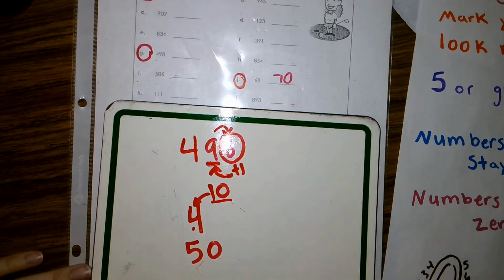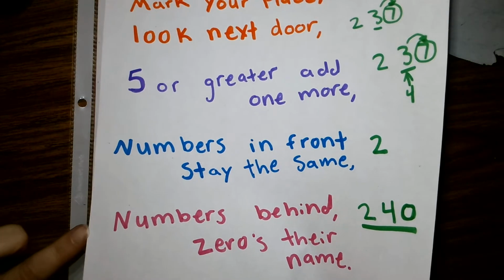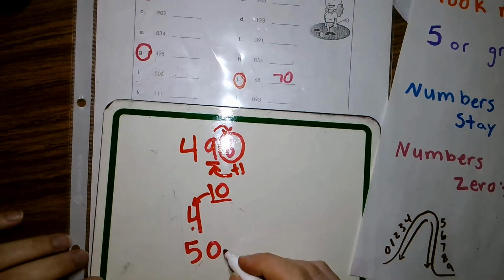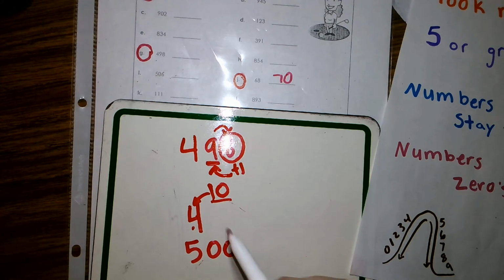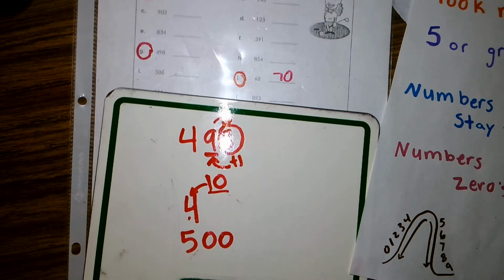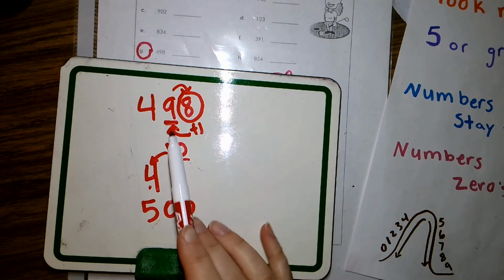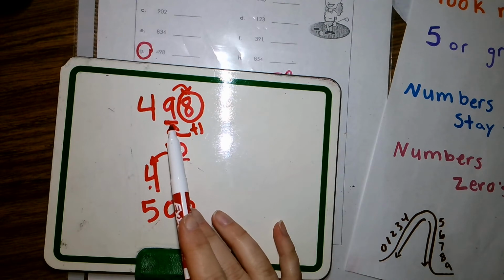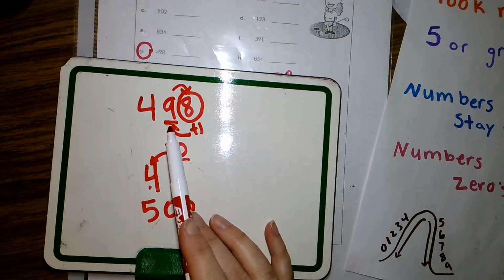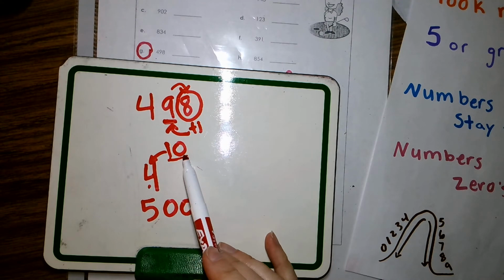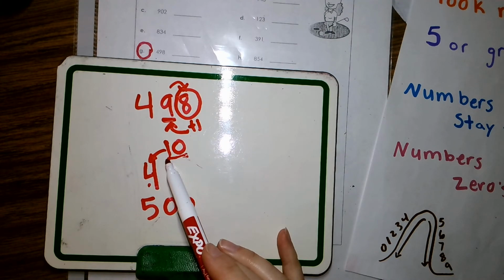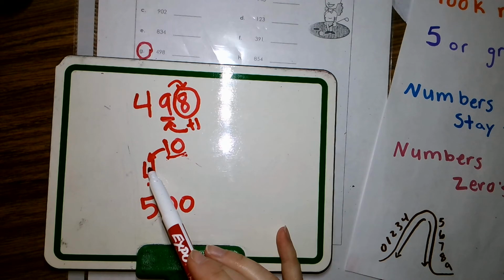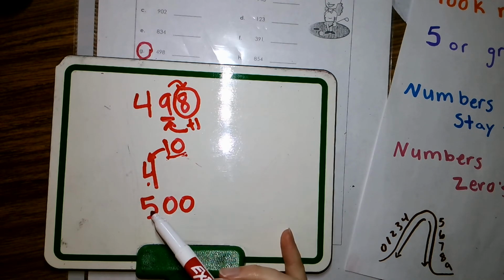Okay, and then numbers behind zeros their name. So this is going to be 0 in your ones place behind your tens place. Okay, you see how I did that? Right? Because you can't have 2 digits in the same place value. So if 10 is in your tens place, then your 0 is going to be your tens place, and you have to add the 1 over to your hundreds place and make that a 5.